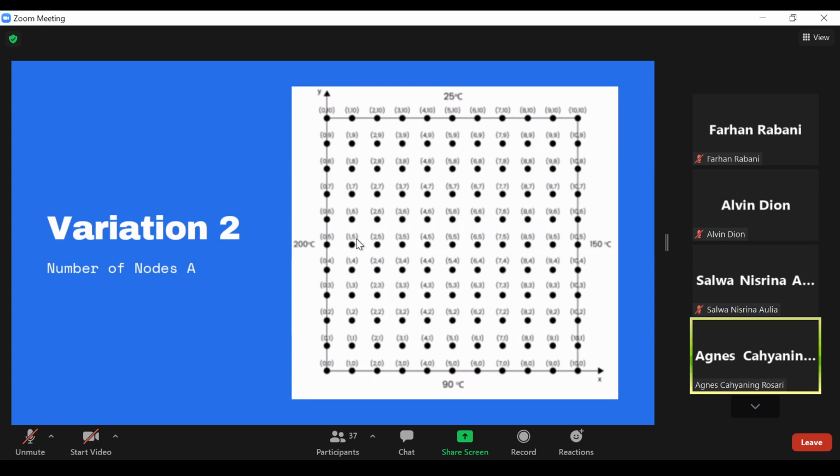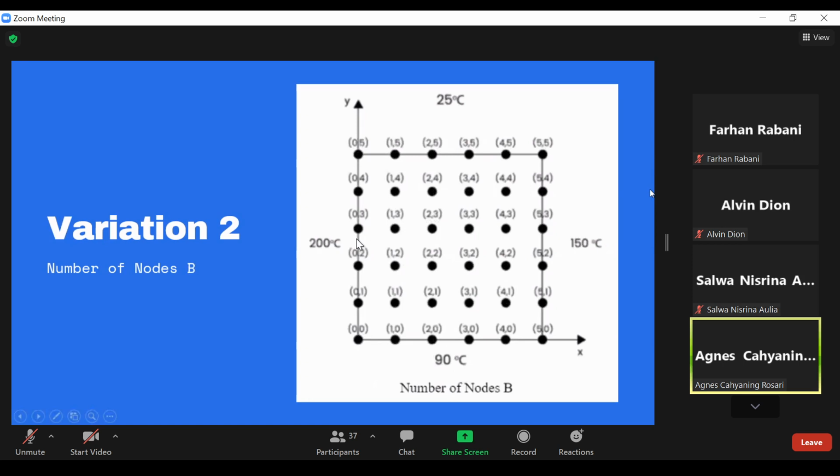Next. For the second type of number of nodes, we use 5 times 5 nodes with the same temperatures. Next.